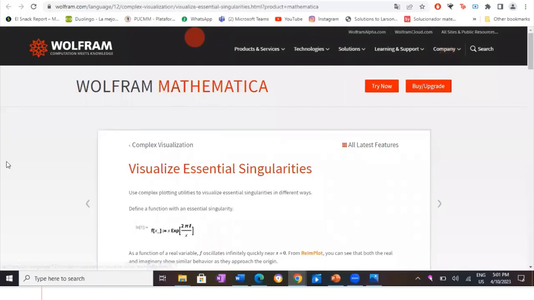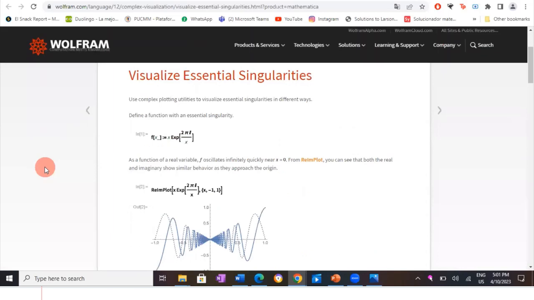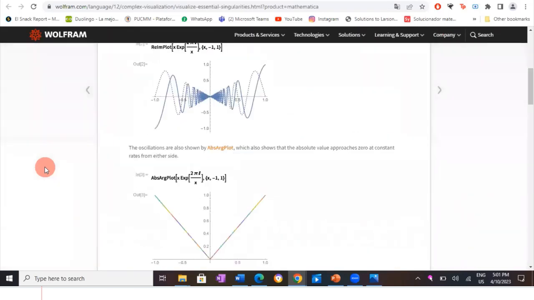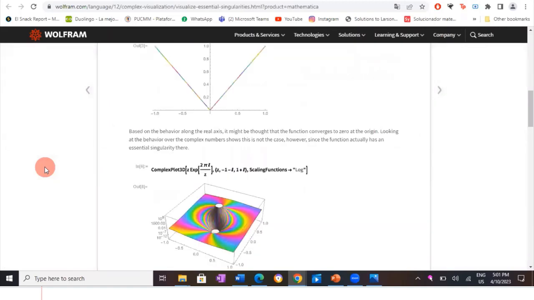In case you want to keep looking at this type of representations, I do recommend the program Wolfram Mathematica or Wolfram Alpha. We could see different representations of zeros and poles and other singularities.